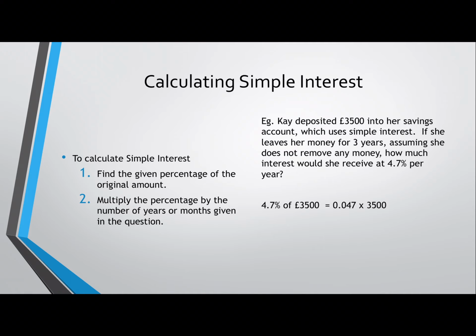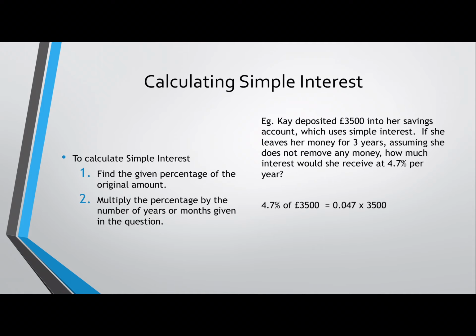Most of these would be calculator questions, so you could use your calculator to divide by 100. However, we should all know how to change percentages into decimals, and that's something you will need to look over if you're not strong with it at this point. The other thing is, of means multiply. Because we're being asked to find 4.7% of something, that means we're having to do a multiply calculation.